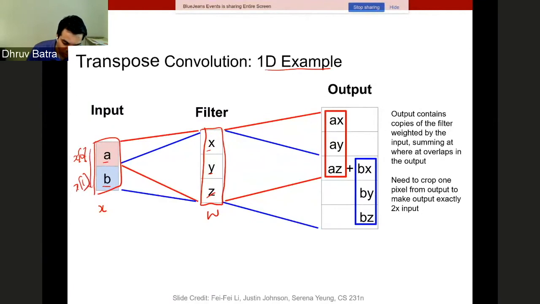We're going to enumerate over values of x. For each value of x, we multiply it, so it becomes ax, ay, az, and we place it at these locations, and they get summed up together.